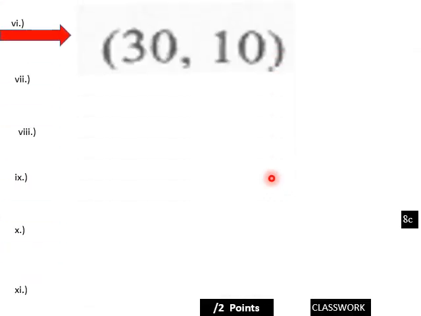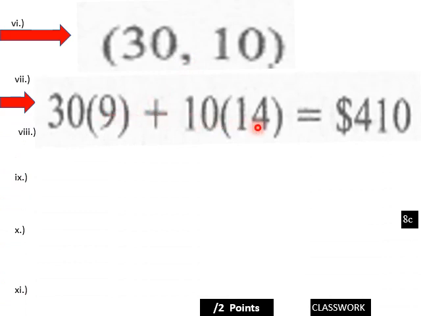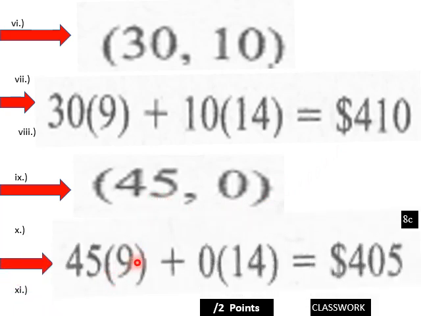Then (30, 10): 30 times 9 plus 10 times 14 is $410. And the (45, 0) combination would be 45 times 9 plus 0 times 14, and that comes out to $405.